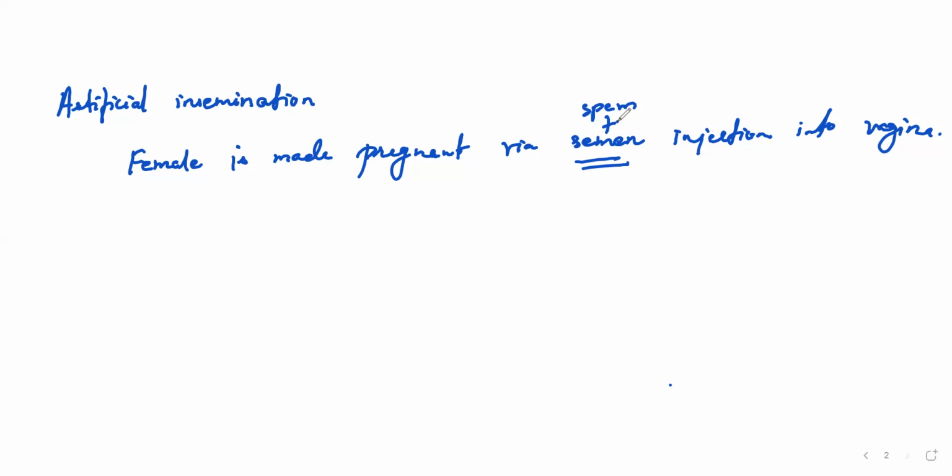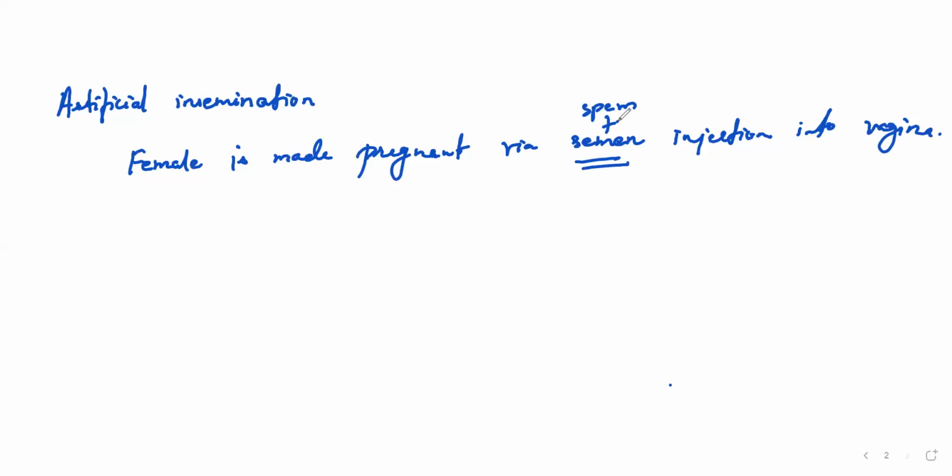Because only if good quality semen is there will the fertilization take place easily. That is, the chances of fertility will improve in that particular female. Because sometimes if it is not good quality, or if the number of sperms inside that semen is very less, then the chances of fertility may become less. That is the reason whenever a couple goes for artificial insemination, good quality semen is collected, it is checked, and then only inserted inside the female body.